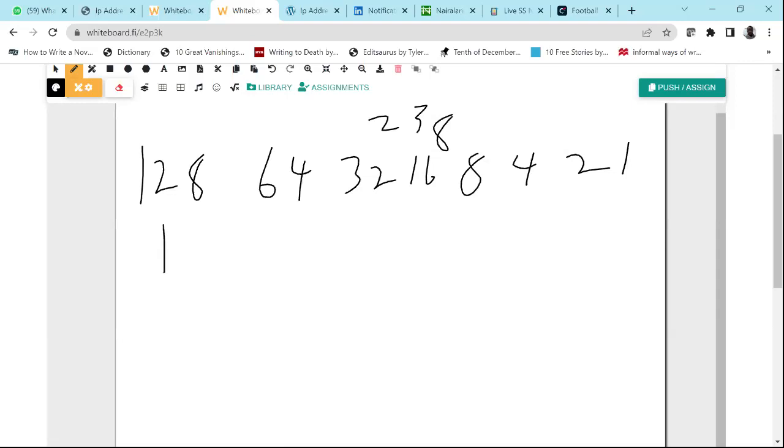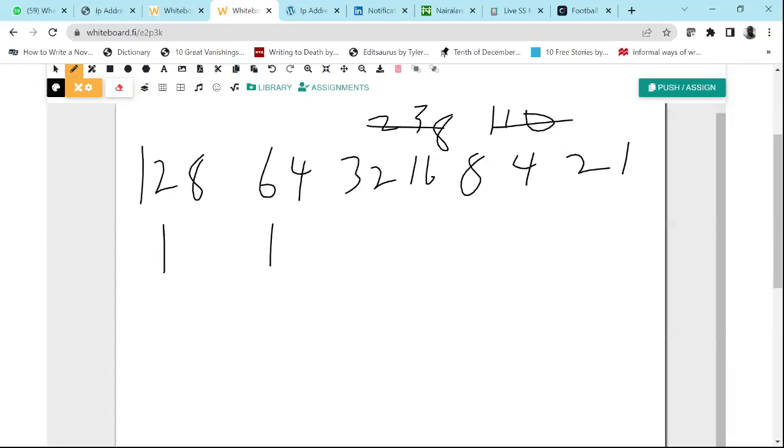Yes, so that is 1. What is remaining? 238 minus 128 is 110. I can subtract 64 from it. So that's yes. What will be remaining?